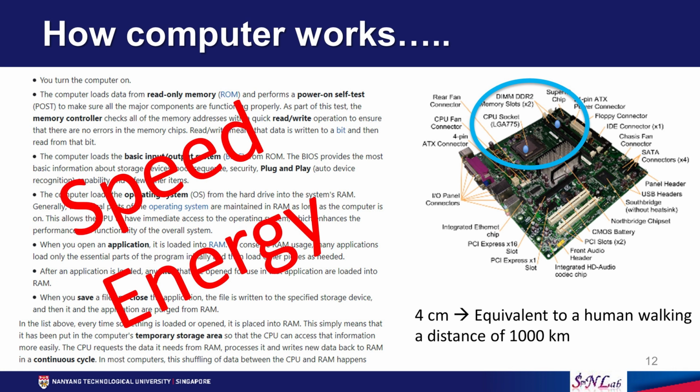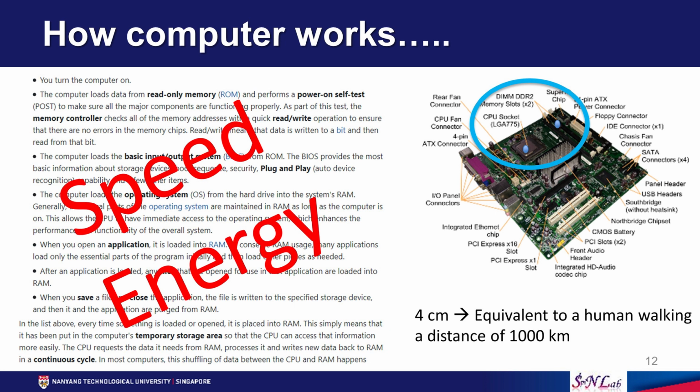If you take a desktop processor and look at the CPU and the memory, they are separated by a distance of about 4 centimeters. Let's say a transistor is based on 40 nanometer technology. If we scale, this 4 centimeter distance is equal to a human going 1,000 kilometers to fetch data.